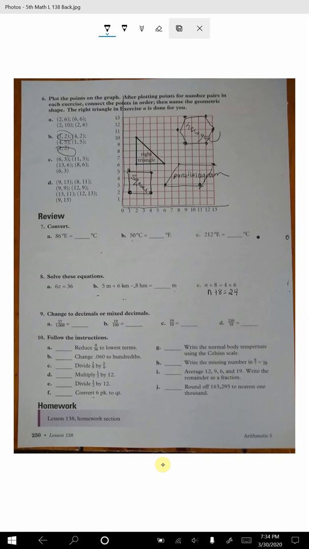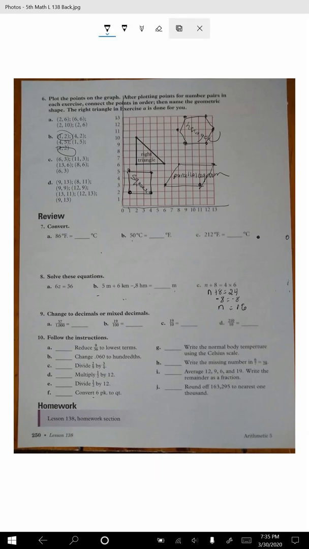All right. Now I need to get n by itself. So what is the opposite of plus 8? Minus 8. So over here, do minus 8. This side's left with n. What's 24 minus 8? I do believe that's 18. No, 16.